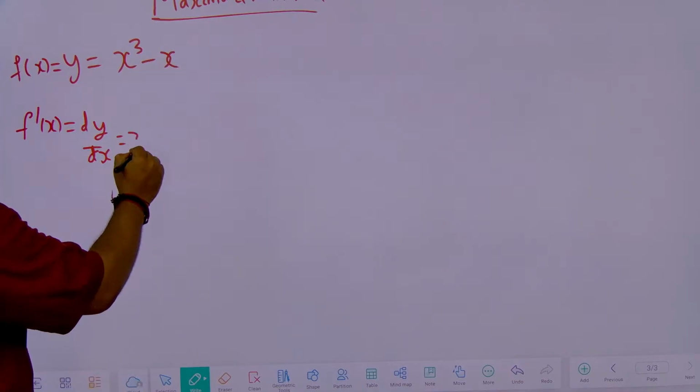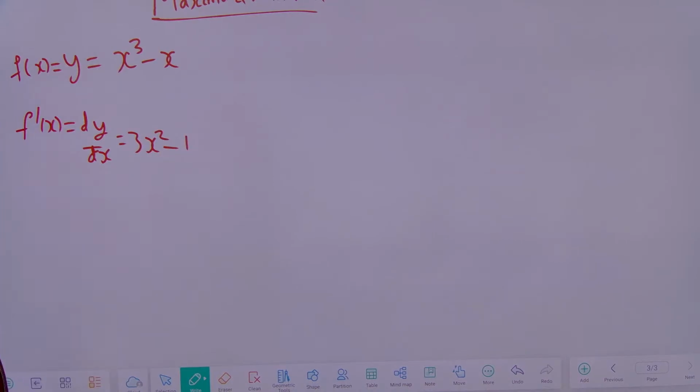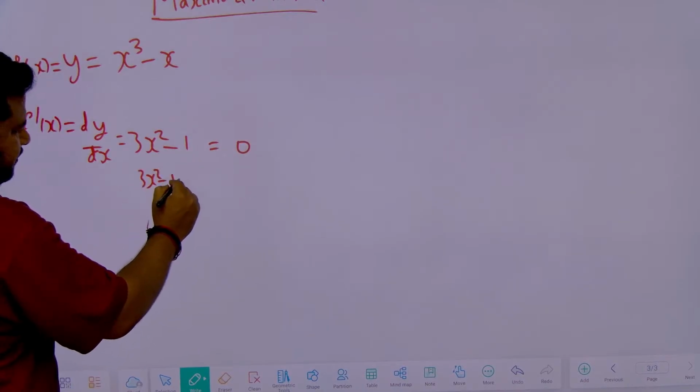This will become 3x square minus 1, since the derivative of x is 1. Now we will equate this to 0. We will have 3x square minus 1 is equal to 0.